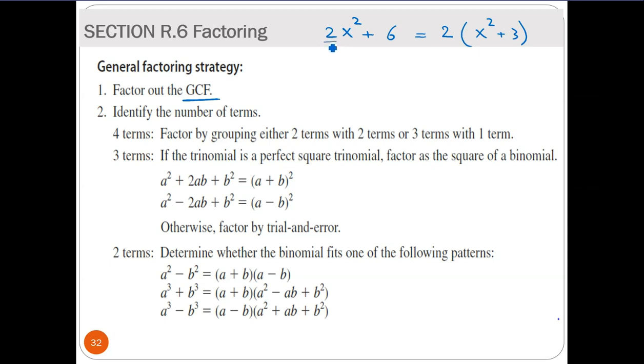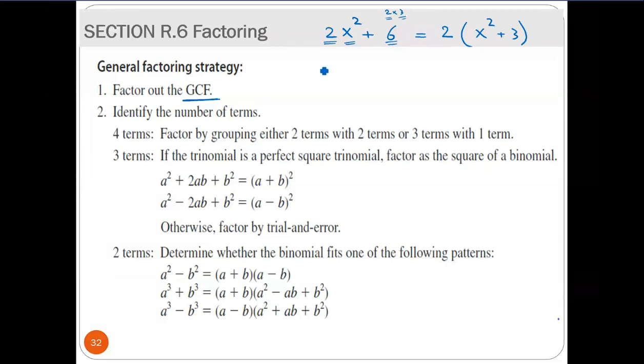We have here 2 and from 6 equal 2 multiply 3, so we can take 2. So the greatest common factor here is the number 2 and the rest المتبقي x squared and 3. Okay, sometimes we can take a variable as common factor.